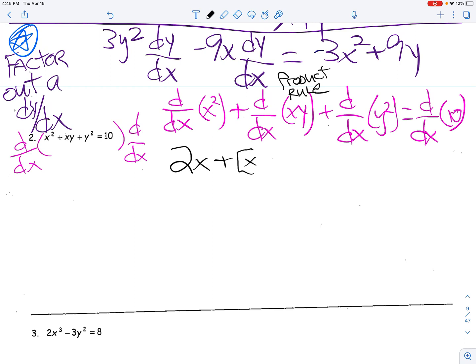This is a product rule. Where we do the first, x, times the derivative of the second. The derivative of y, remember, is a y prime or a dy dx. Plus the second, y, times the derivative of the first, x. Right, is 1. The derivative of x is 1.